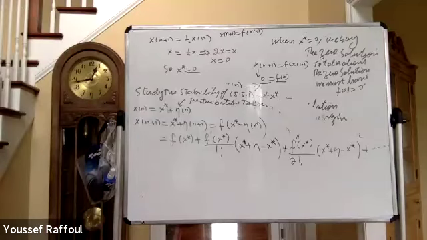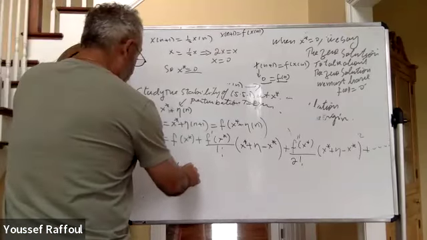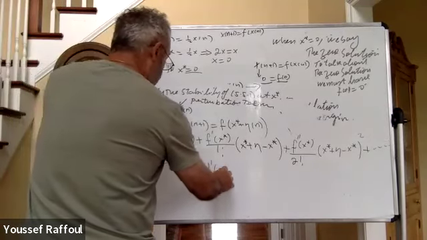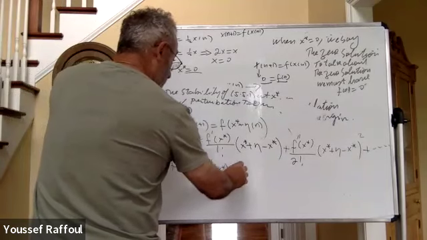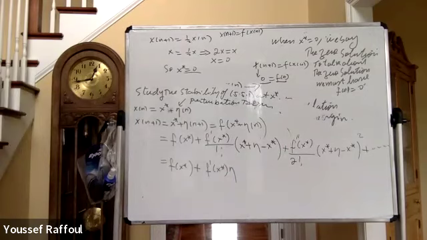Okay? So that is f of x star plus f prime of x star times eta. Okay?